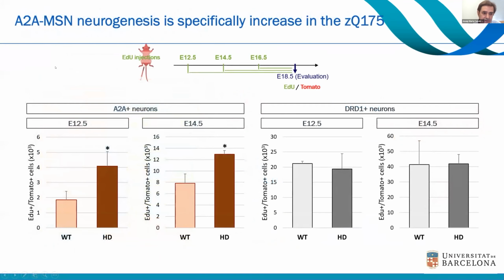And we observe that during embryogenesis, there is a specific effect on the neurogenesis of the A2A positive cells, the cells that drive the indirect pathway. And you can see that there is an increase in neurogenesis at E12 and E14. However, the DRD1 positive cells are not affected during these embryonic stages.